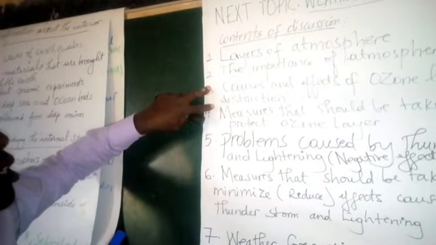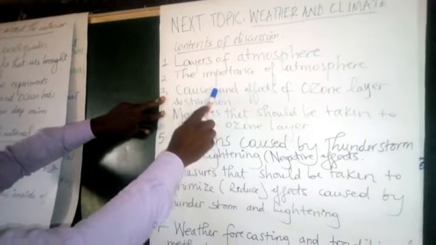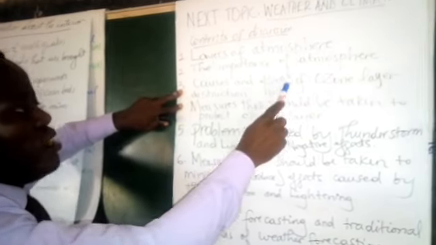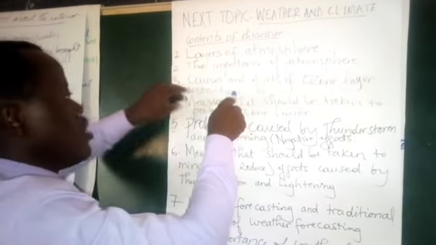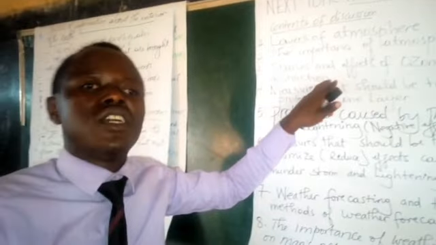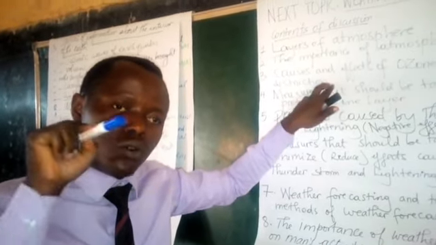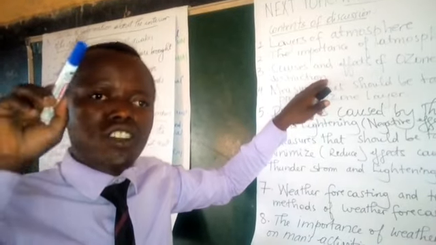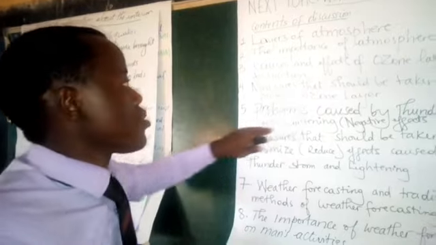Number 3, we shall discuss the causes and effects of ozone layer destruction. We shall be talking about what causes the ozone layer to be destroyed. What effects shall we face? What effects will it have on humans and the physical environment?